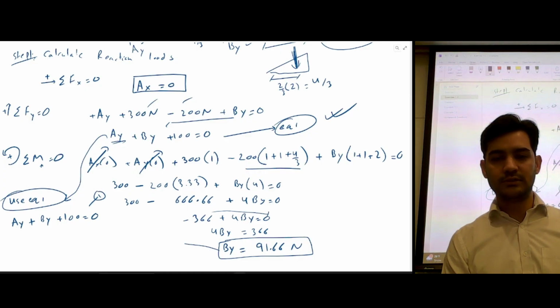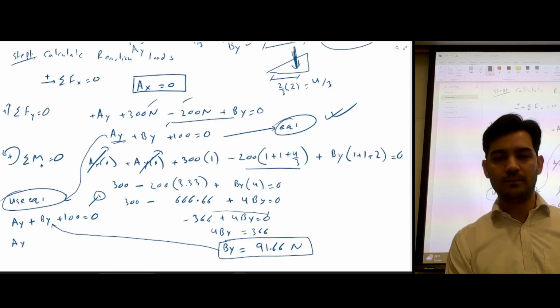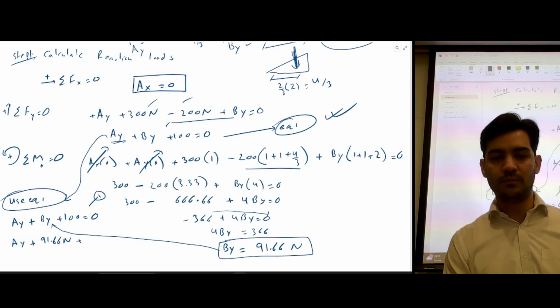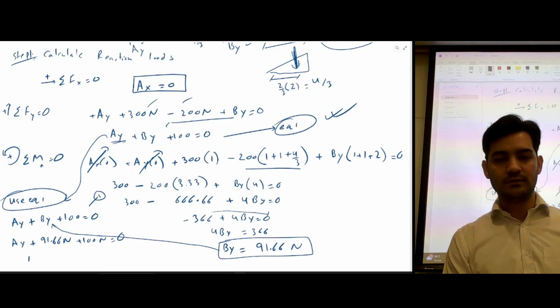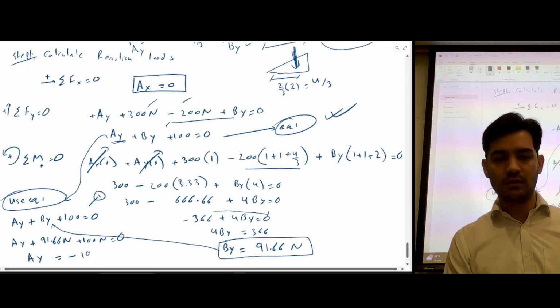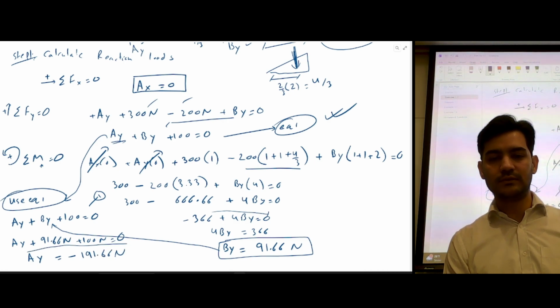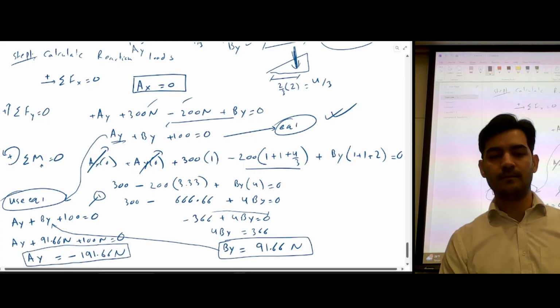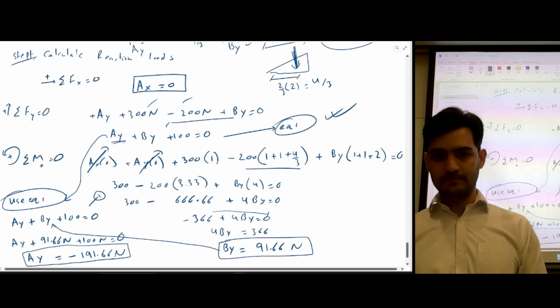So we're going to put in this By, which we have calculated. Ay plus 91.66 Newton plus 100 Newton is equal to 0. So Ay is equal to negative 191.66 Newton. That's what I'm getting here.